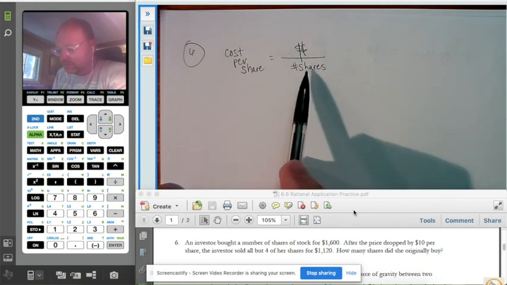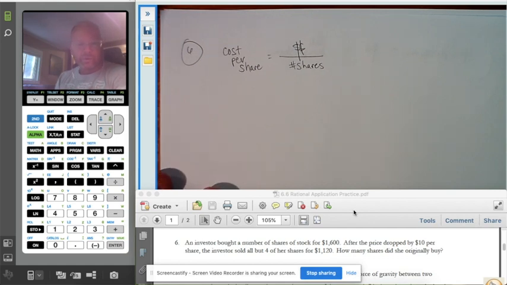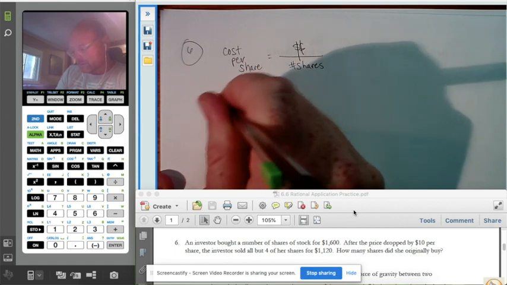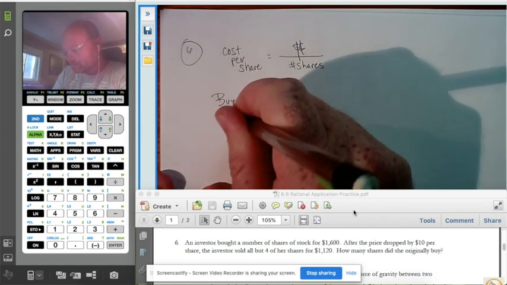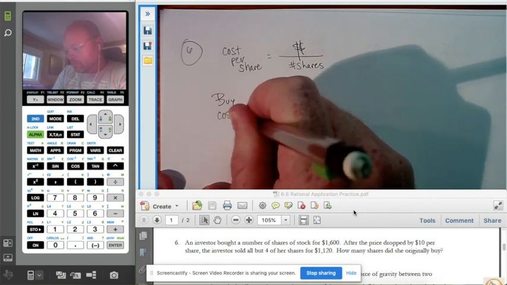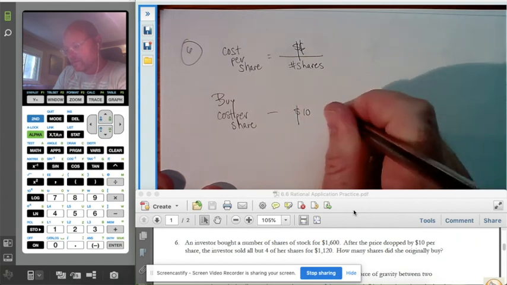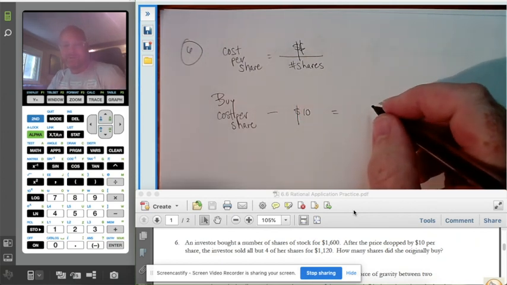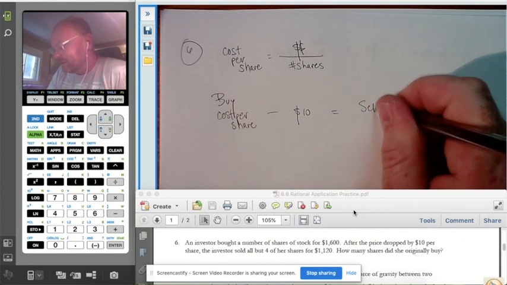We're going to be trying to figure out, the unknown is going to be the number of shares that she originally bought. So that's going to be in the denominator of this fraction. Okay, so what's happening to the cost per share? Well, she's got a buy cost per share, but then the cost per share goes down by $10, and then she's at some new cost per share, and that's when she decides to sell it all off.